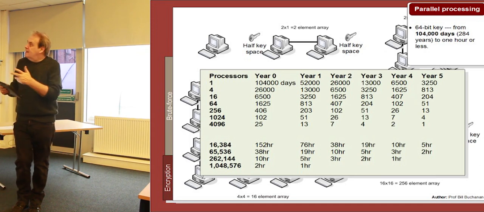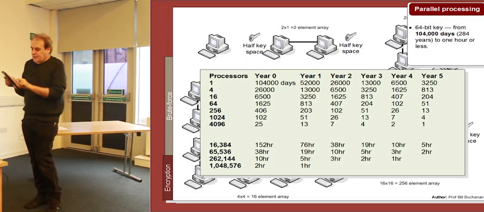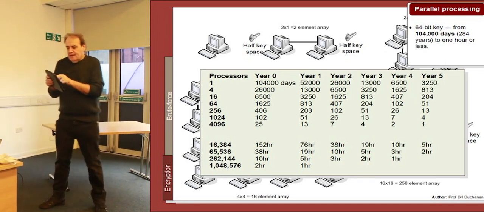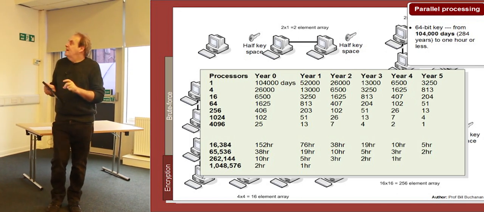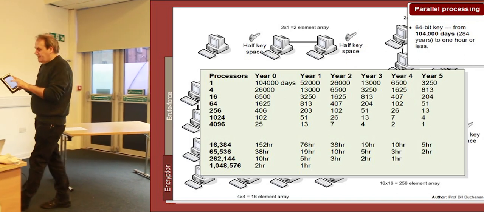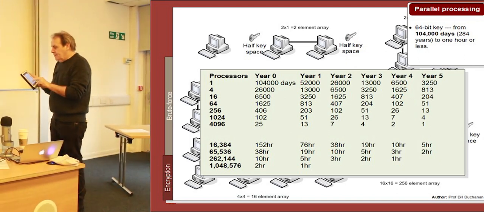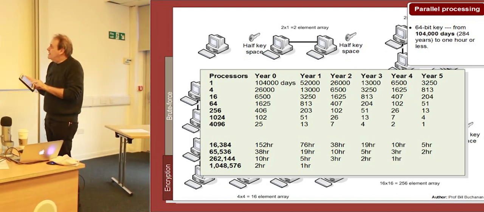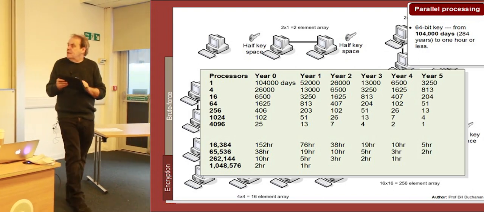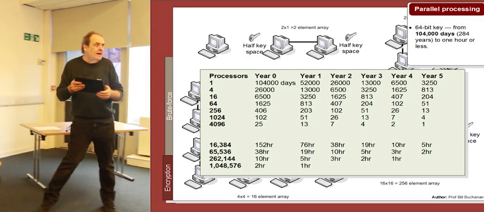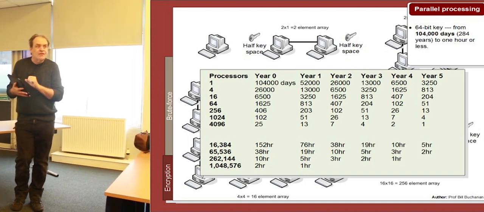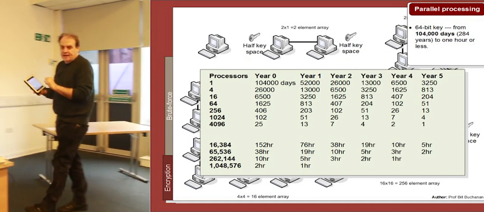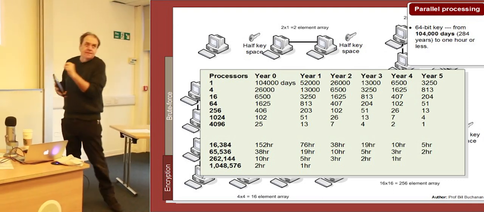If we now look at adding number of processors and improvements in technology, then our long time is crackable in just a short time if we manage to build an array with 1 million processors and just increase the computing power. It doesn't take much to do.